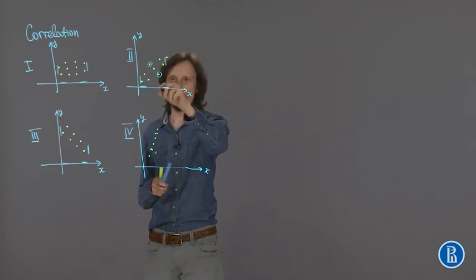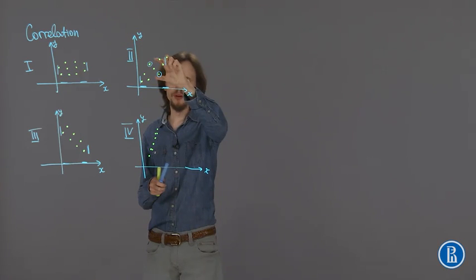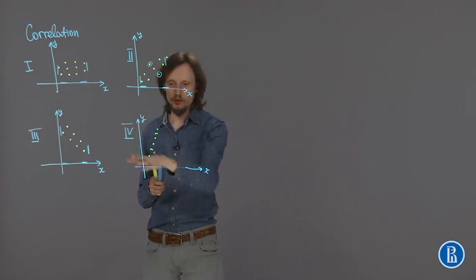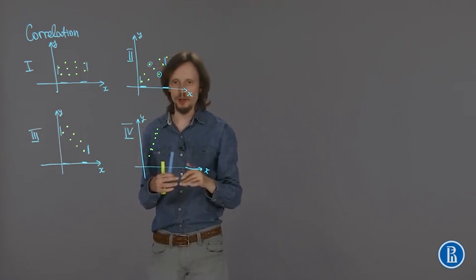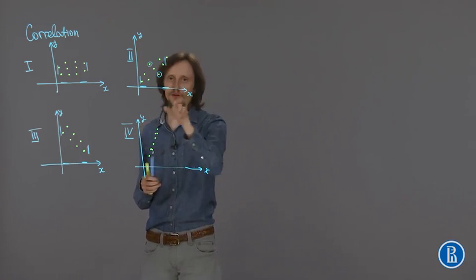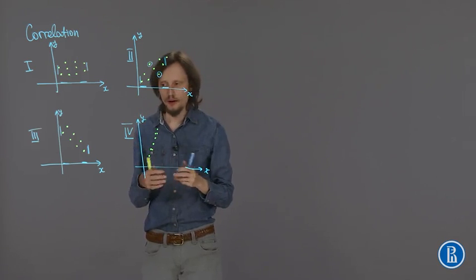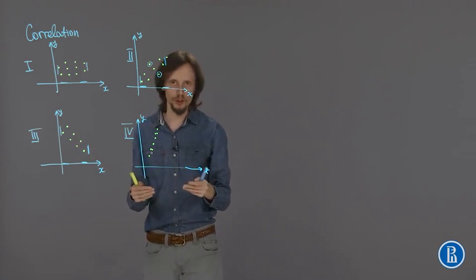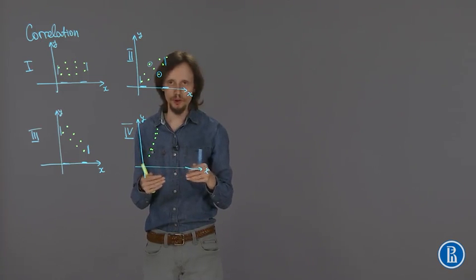And here, for given x, the range of possible values of y is rather large. So we can say that on this picture we see much stronger correlation between x and y than on this picture.